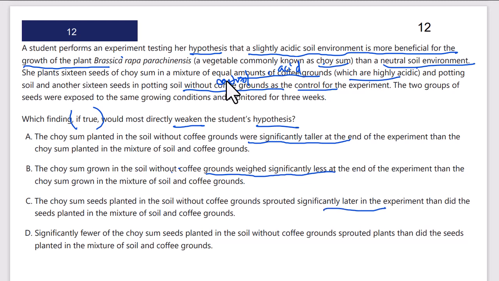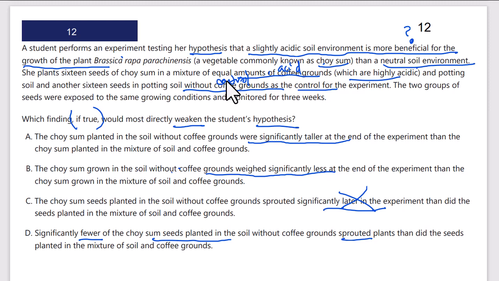The fourth option talks about the fewer the number of seeds, or the sum of seeds that sprout. So wait a second. Pretty clear it's not later or not later in time, the issue, but what actually is beneficial for growth? Does that mean taller, weighing more, or more seeds growing? Either of these three could possibly represent beneficial or greater growth for the plant, which is problematic.